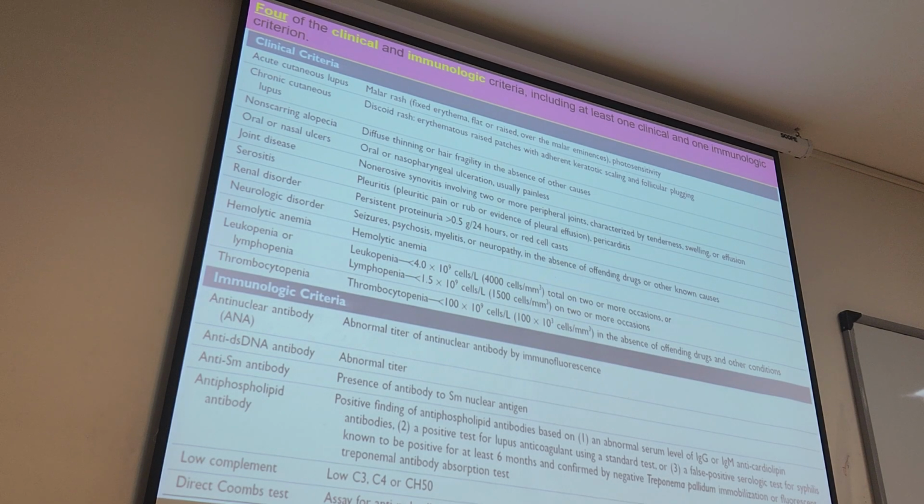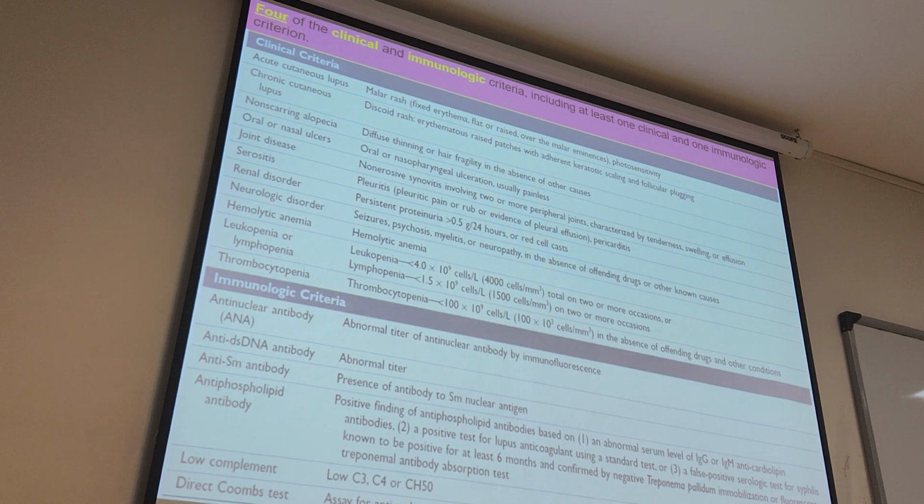For example, you may see seizures, or myelitis, neuropathy, or even psychosis in lupus, and these are all caused by the immune reaction. And in lab data of the patient, you may see anemia, leukopenia, mostly lymphopenia, and you may also see thrombocytopenia.